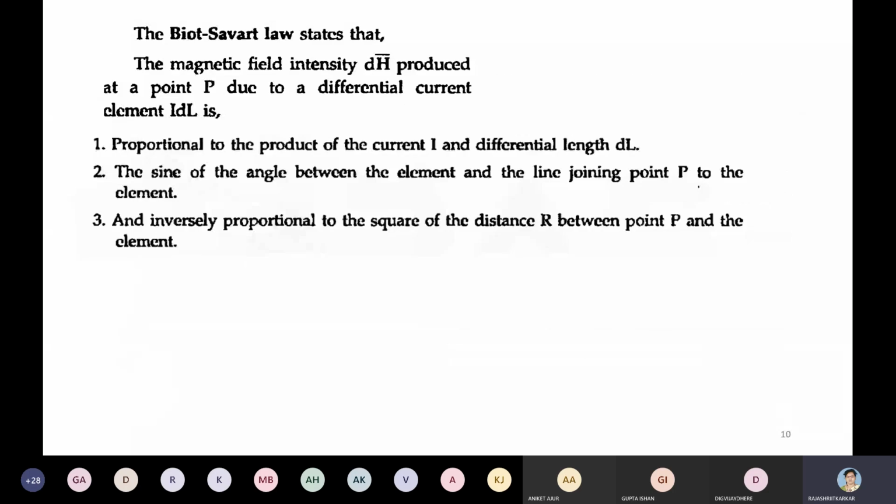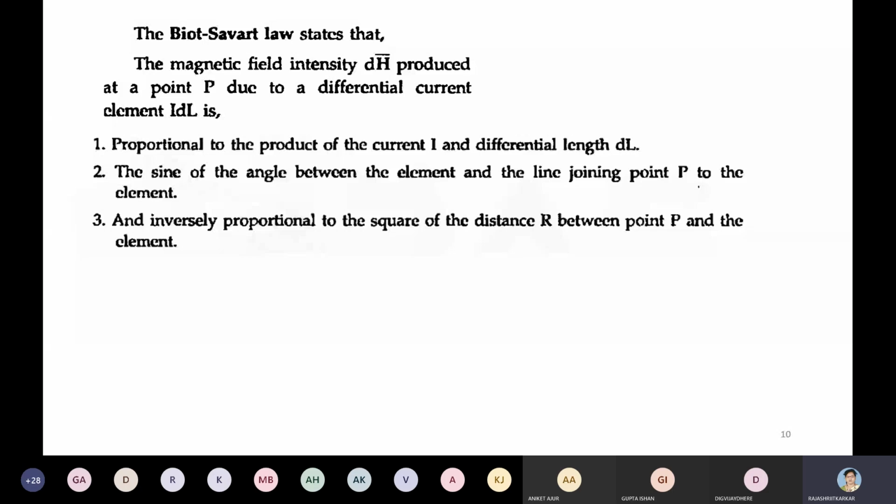It is also proportional to the sine of the angle formed between the differential length and the line joining the element to point P. And third, it is inversely proportional to the square of the distance between the point P and the element which has been assumed.